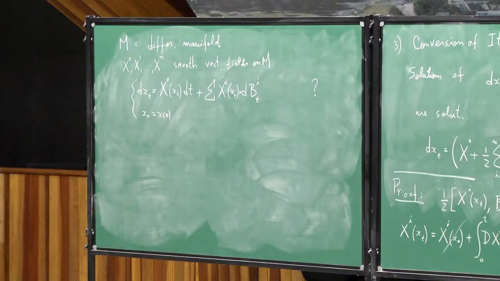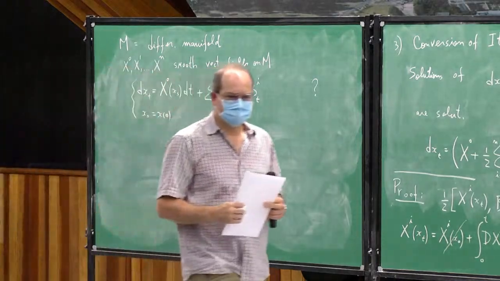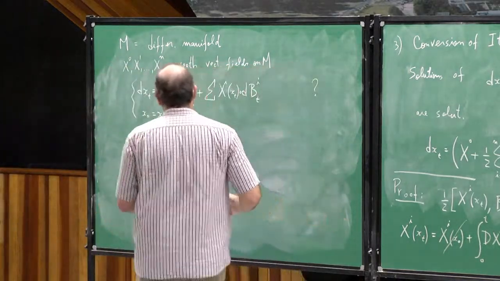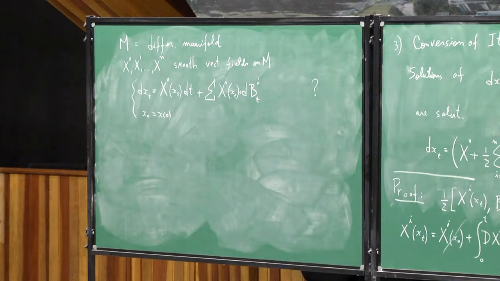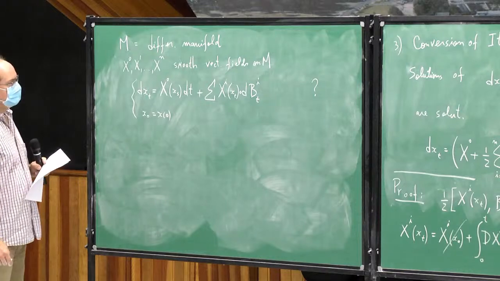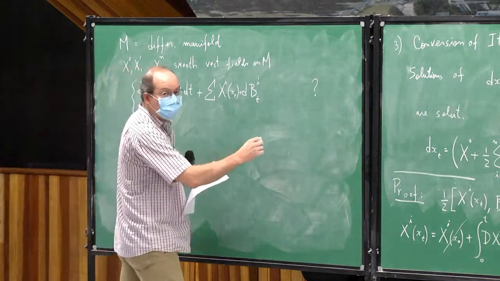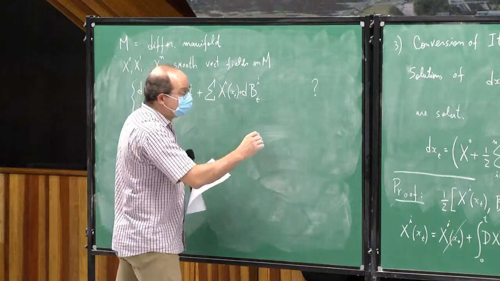So a solution of that is interpreted in the following way. The simplest way to interpret is not my favorite, but it's mathematically the easiest. My favorite is the following.